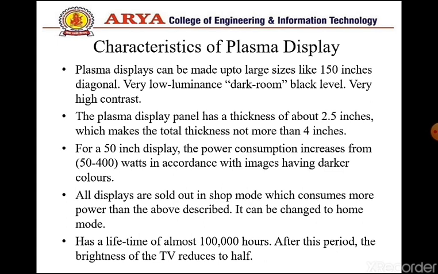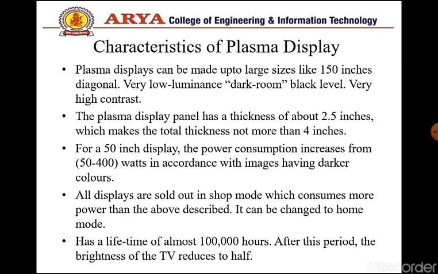Characteristics of plasma display. Plasma display can be made in large sizes like 150 inches diagonal, with very low luminescence in a dark room, black level, and very high contrast. The plasma display panel has a thickness of about 2.5 inches, which makes the total thickness not more than 4 inches.